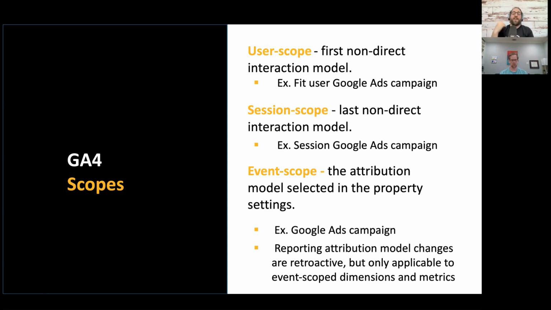Now, the next level, session scope. When we're looking at this data, it's not looking at what brought them the first time. It's just looking at each time they came to the museum. What's bringing them there? Okay. Now, when I look at data from a session scope perspective, it's going to report the last non-direct interaction.